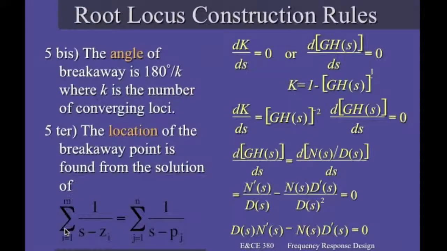Well, the angle can be calculated as a submultiple of the plane angle. The angle of breakaway is pi, or if you like, 180 degrees, divided by k, where k is the number of converging or emerging loci.